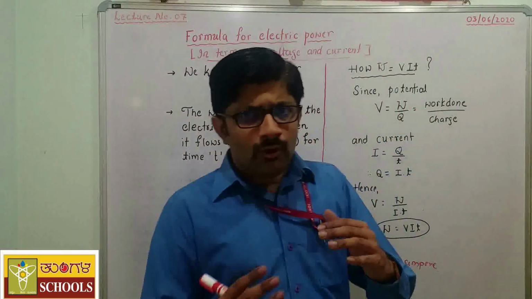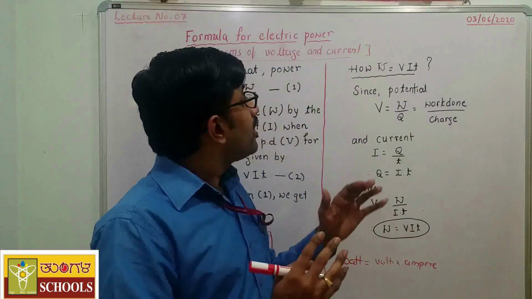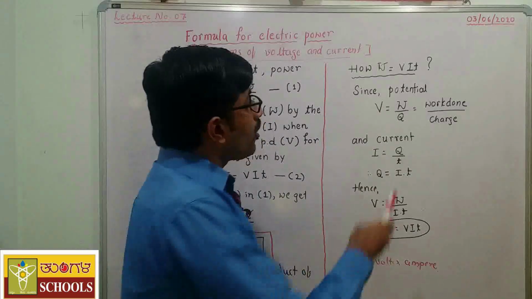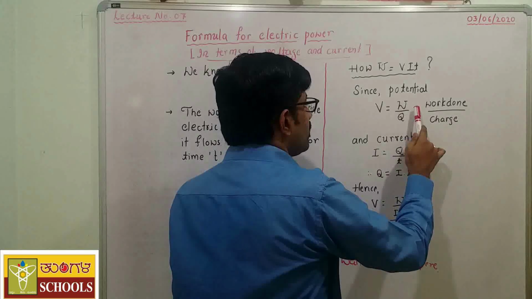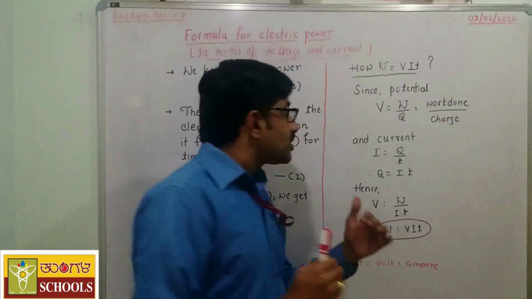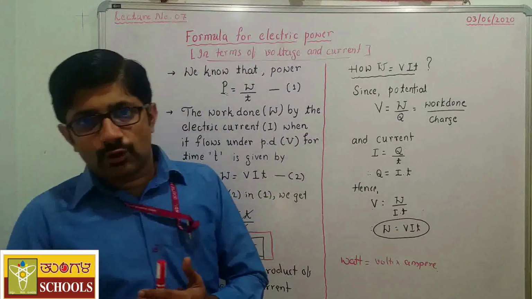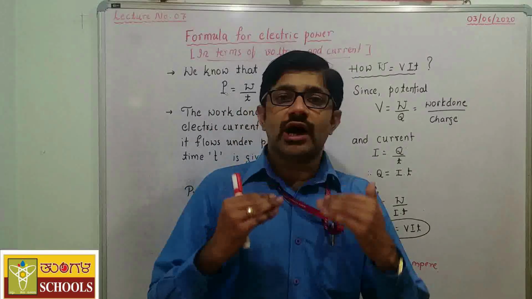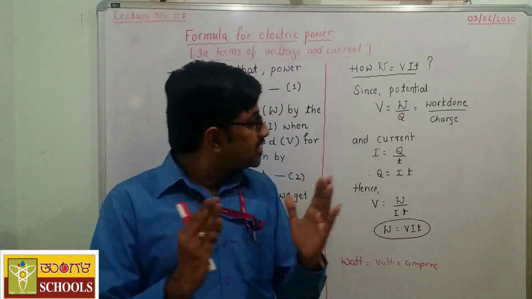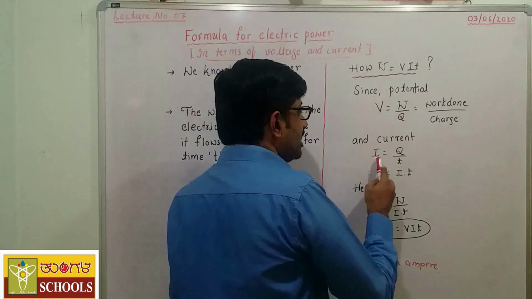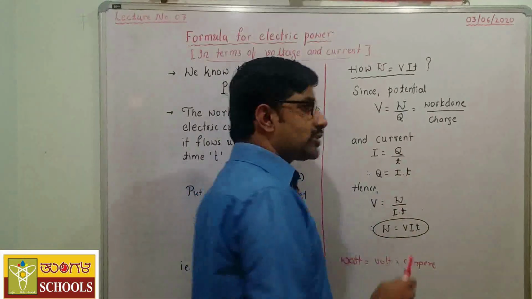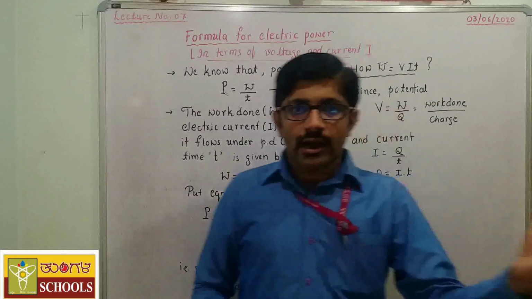Let's go back to the potential case. We already know that the potential is equal to W by Q, means the potential is equal to work done by charge moved. And also the definition of current says that I is equal to Q by T, the ratio of charge and time.